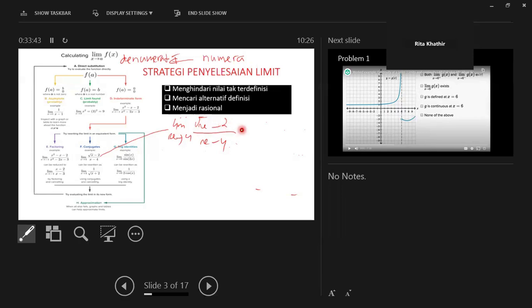So then, how can we conjugate this? Multiply by root square of x plus 2. Can you feel the relation between root square of x minus 2 and root square of x plus 2? Very strong correlation. Almost like a brother, maybe we can say.